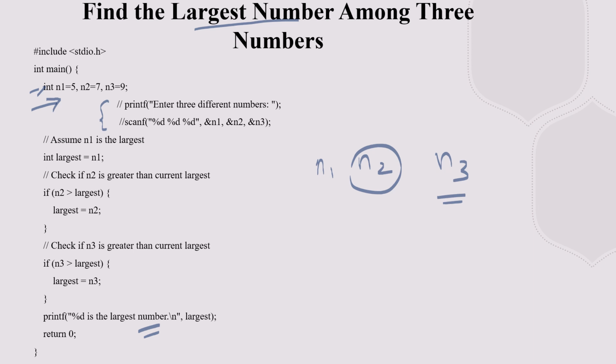You will use this operator to find if n2 is greater than the largest, the largest will be n2, and again if n3 is greater than the largest, the largest will be n3. So here we have used this condition, if statements.